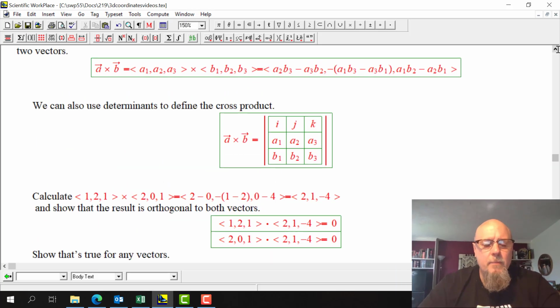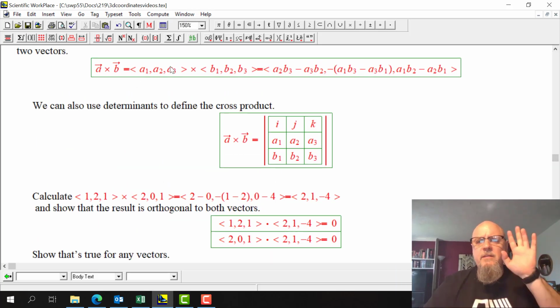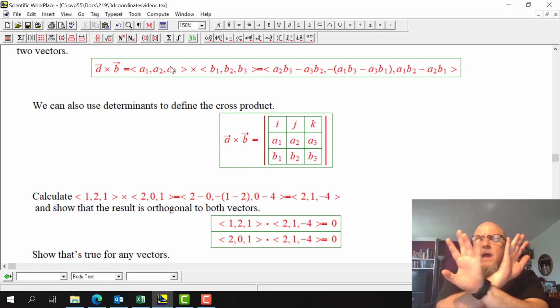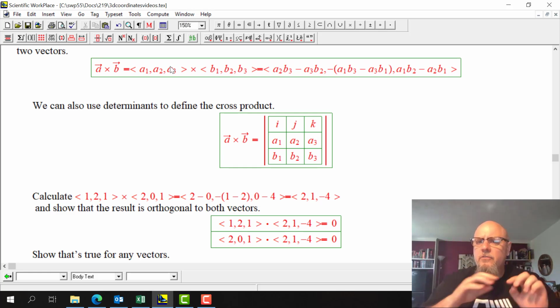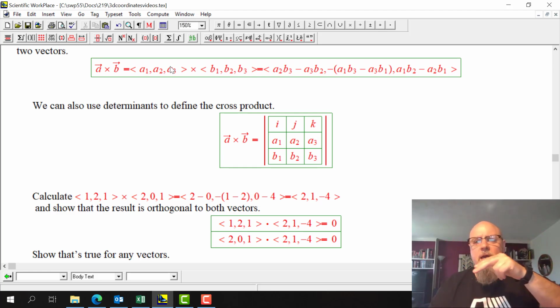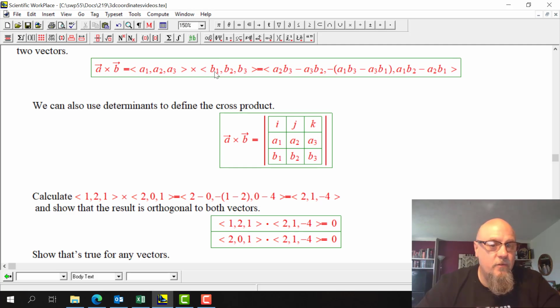I'm going back up here. What happens if I take vector A and vector B and switch positions? So instead of going A cross B, I'm doing B cross A. Well, that would mean that whatever number was in this first spot would switch with whatever number was in this first spot. All the A's would become B's and all the B's would become A's, in other words.